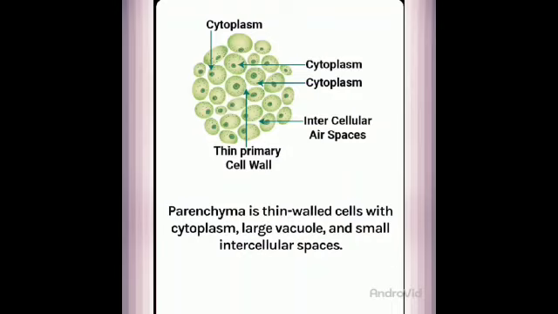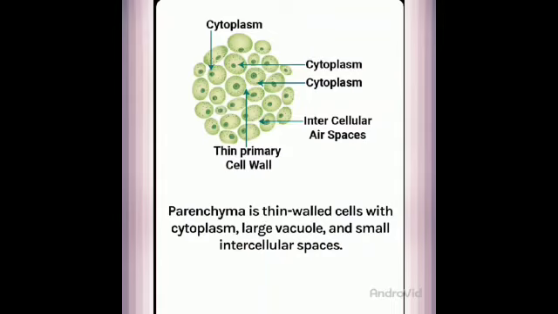Intercellular spaces are the spaces present between two cells. Here you can see each and every cell has a specific space in between them. So this space is called intercellular space. They are thin walled, having cytoplasm, large vacuoles and small intercellular spaces.